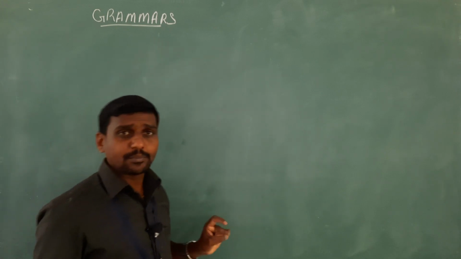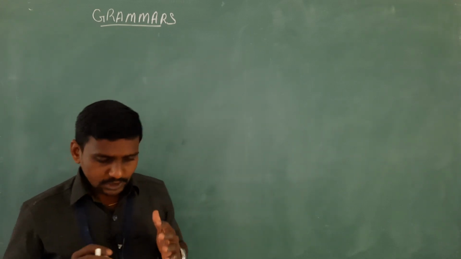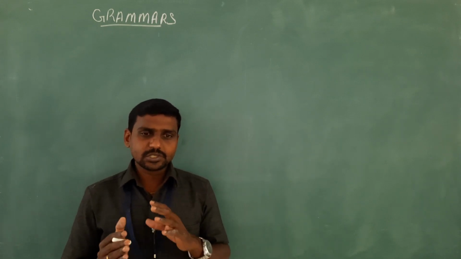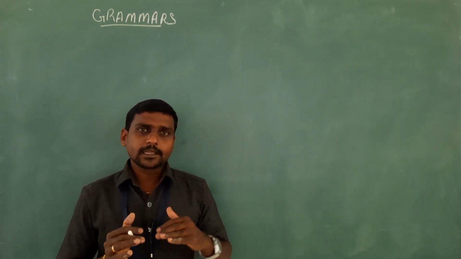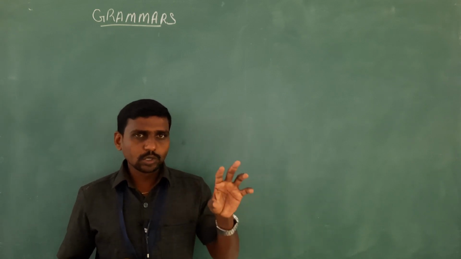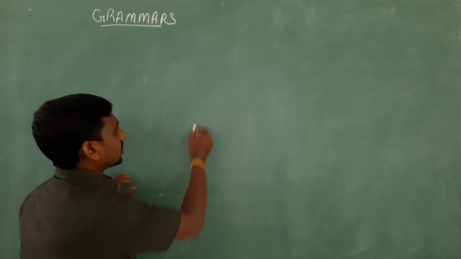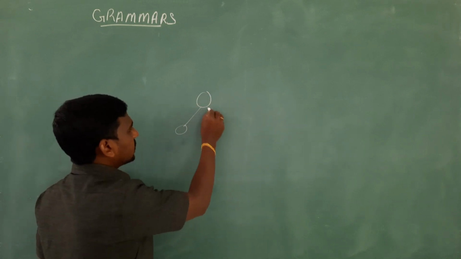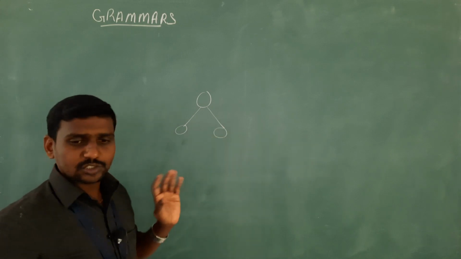The first one is grammars. What is grammar? It is not an English grammar, it is a context free grammar which is used to create a parse tree. You know what is a parse tree, right? In a tree structure, we should have a root node and child nodes. So this is a tree.